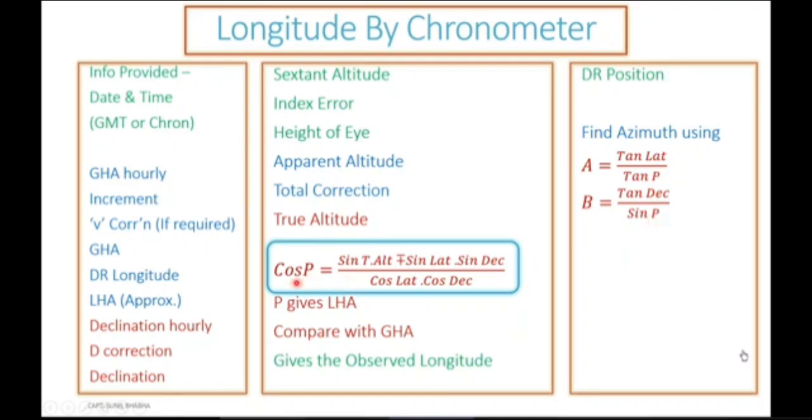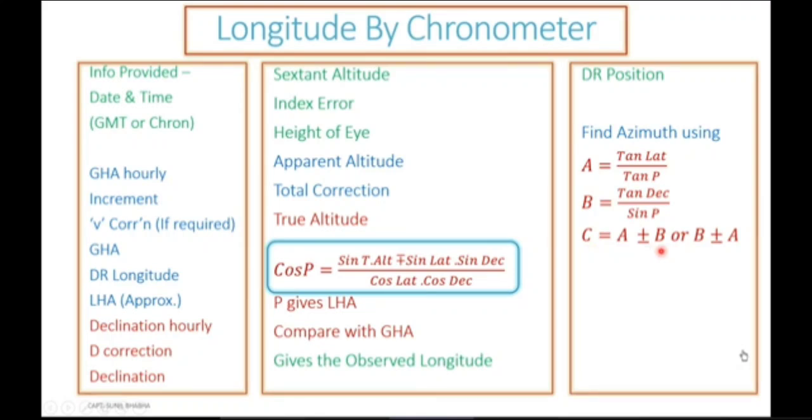We have calculated P using the formula. Same way for A, the latitude used is the TR latitude, which is available in these questions, and the value of P is obtained from the formula. So B, once calculated, is named same as declination. And once we get A and B, combining A and B together gives us the value of C. By combining, I mean they could be added or subtracted.